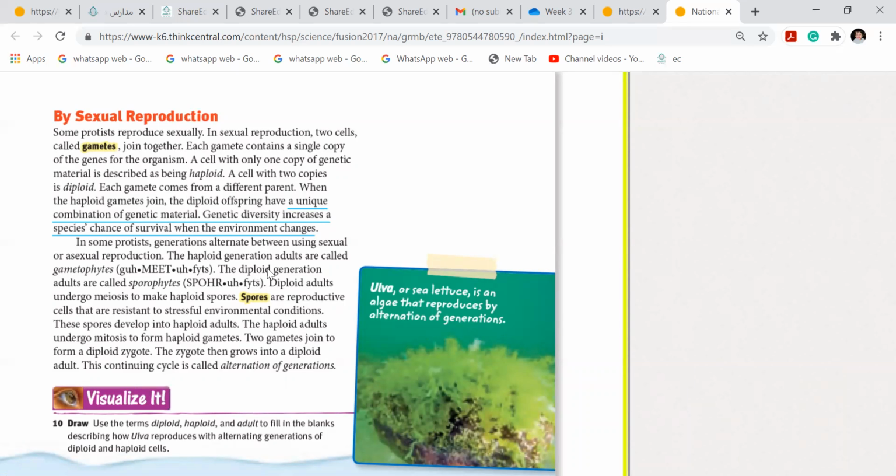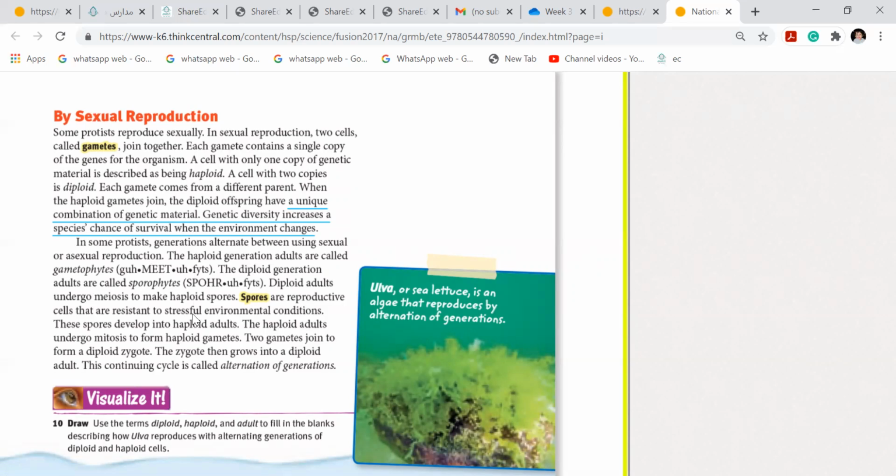In some protists, generations alternate between sexual and asexual reproduction. The haploid generations, when they have a single copy, are called gametophytes. And when they have a diploid generation, they are called sporophytes.